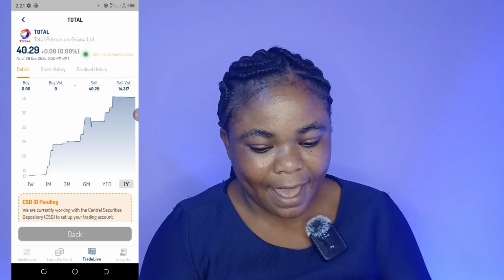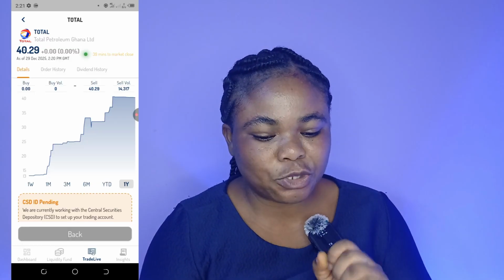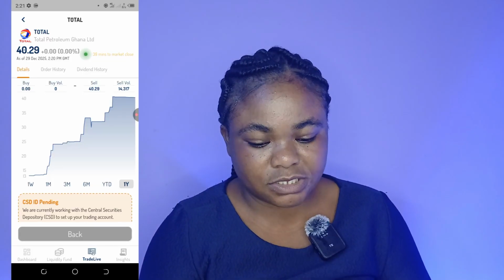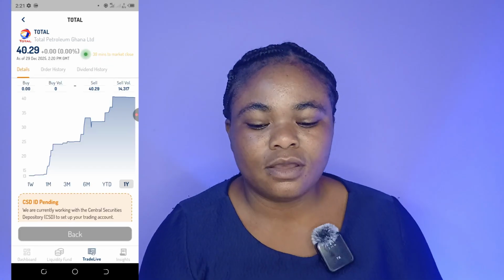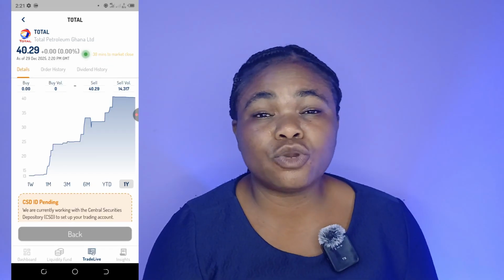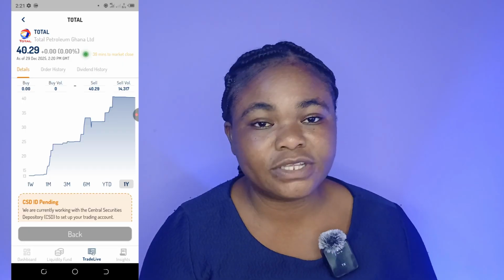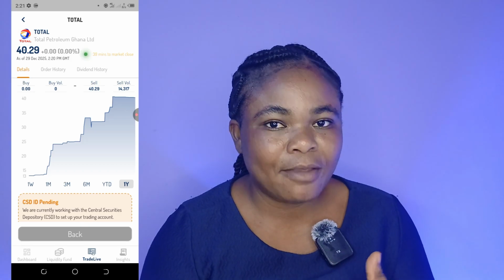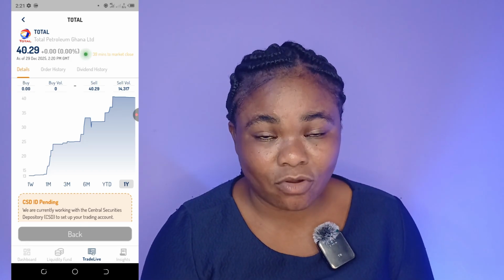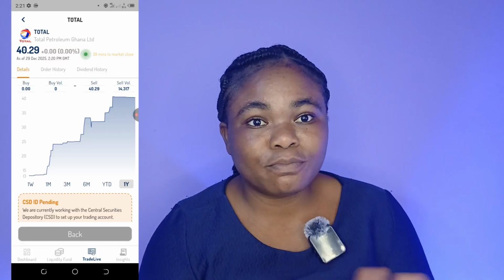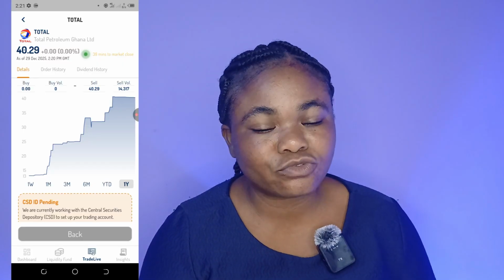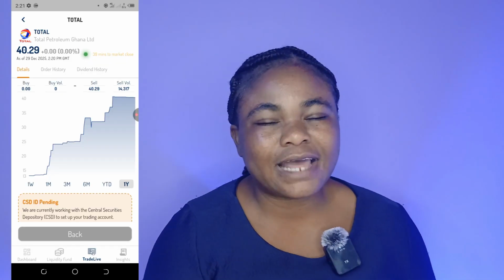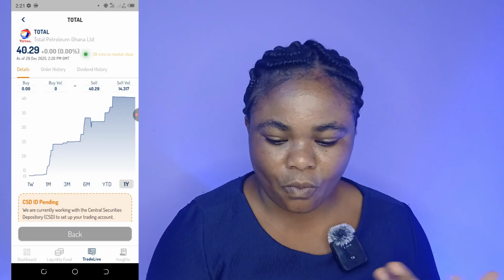For the buy price, you see that it shows 0.00, and for those who want to sell, it shows 40 cedis 29 pesos. Those who have the Total stock say that they want to sell it at 40 cedis 29 pesos, but no one has named the price they want to buy at. No one said that they want to buy stock from Total. That's why the buy place shows 0.00. That's how stocks also work.